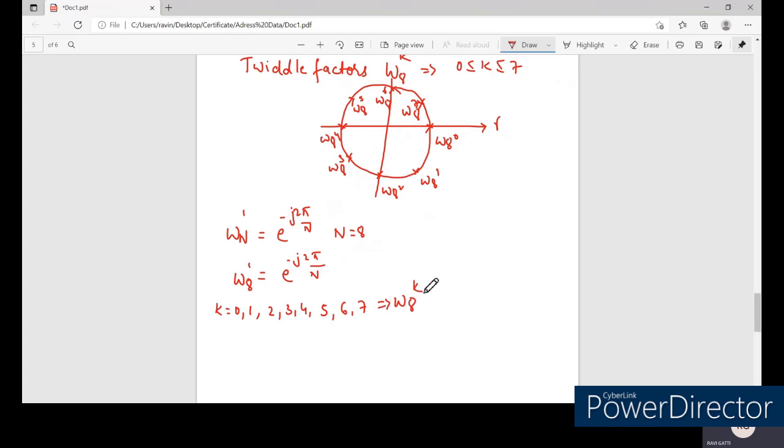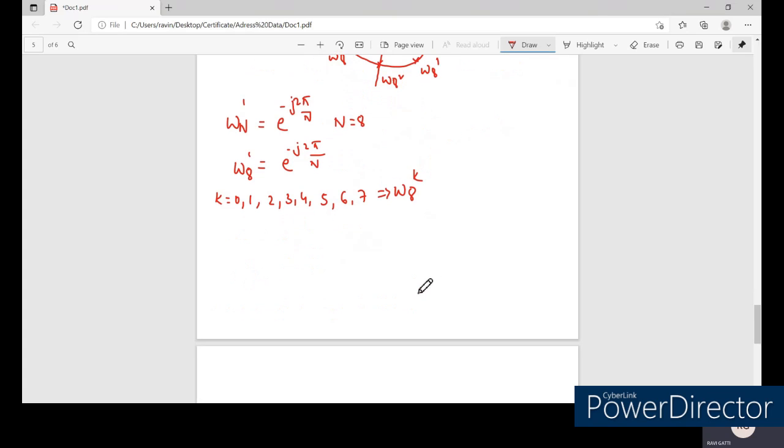When you substitute k is equal to 0, you get omega 8 to the power of 0, which is e to the power of minus j 2 pi by 8 into 0, and e to the power of 0 is nothing but 1.